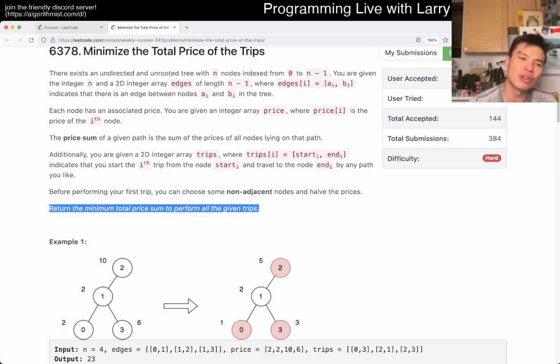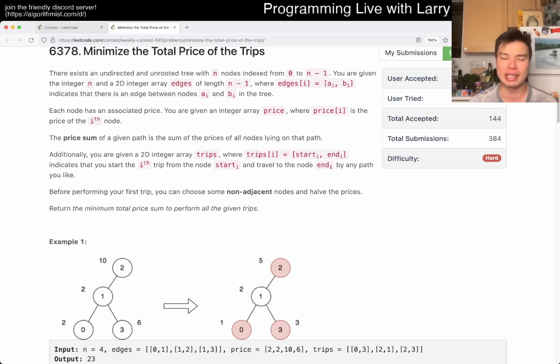So the observation for me was, well, in a greedy kind of way, the thing you would do is compute the prices after counting the number of times each node gets visited. So I was like, oh, okay.